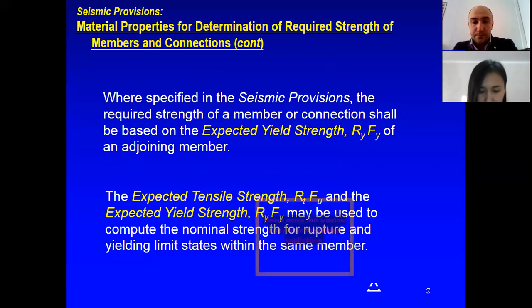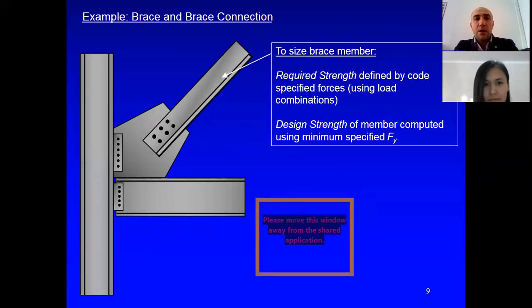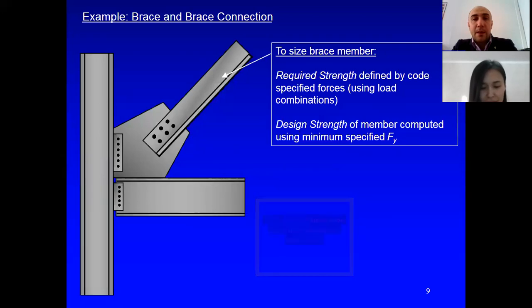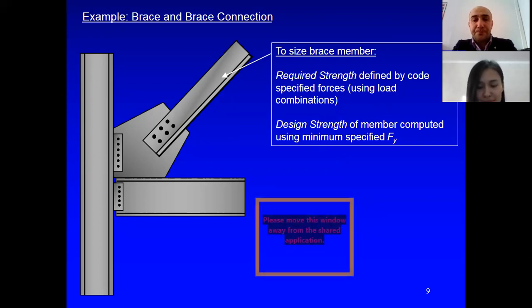So this slide provides an example of how values of the steel elements can be used in design of a brace and the brace connections in the steel earthquake-resistant building.